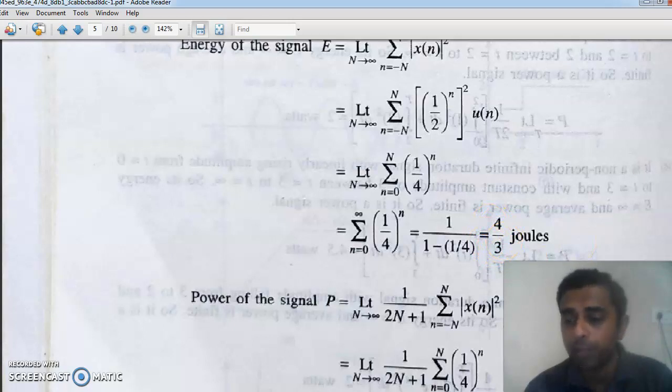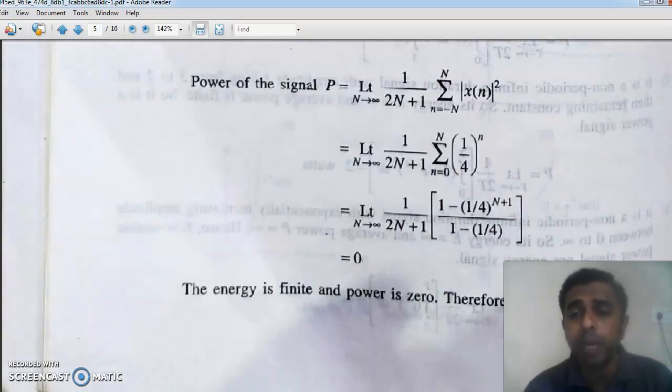Now what about power? Power, by definition, this is the equation for power, that is limit N tends to infinity, 1 by 2N plus 1. Substituting it here, 1 by 2 the whole squared, the whole raised to n, that becomes 1 by 4 the whole raised to n. This is another geometric progression.